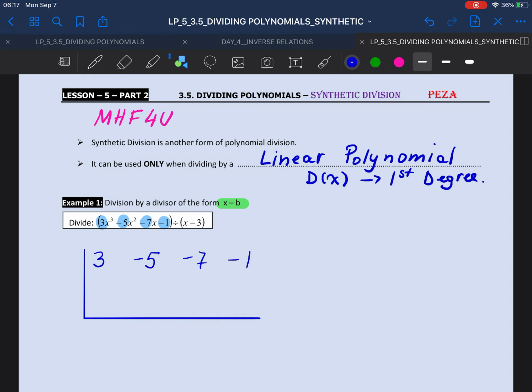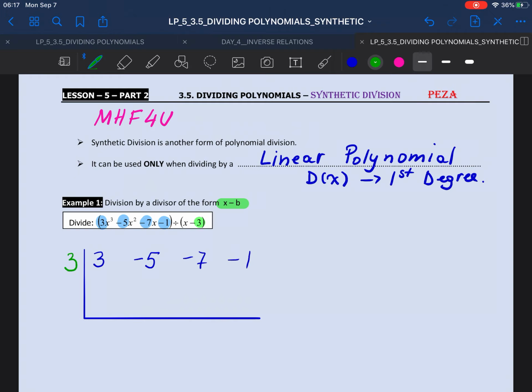And the next thing we want to do is identify the value of b in our divisor. So the divisor is in the form x minus b. Our divisor is x minus 3. And that makes the value of b equal to positive 3.